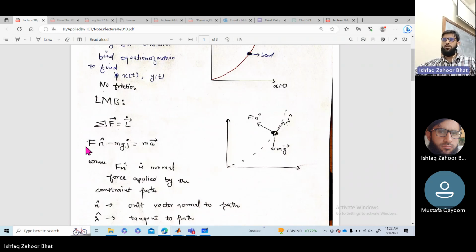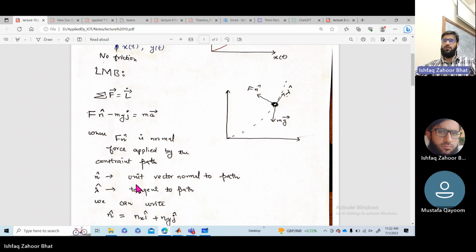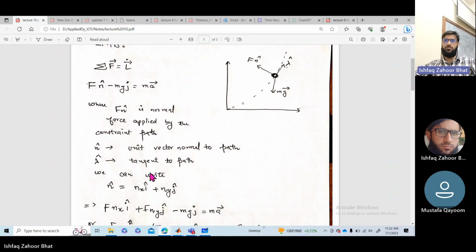So this is the normal force, and minus mg j is the gravitational force, and I am equating it with mass times acceleration. Now I have also told you that n is the unit vector normal to the path and lambda is tangent to the path. So this unit vector n we can write as nx i plus ny j.